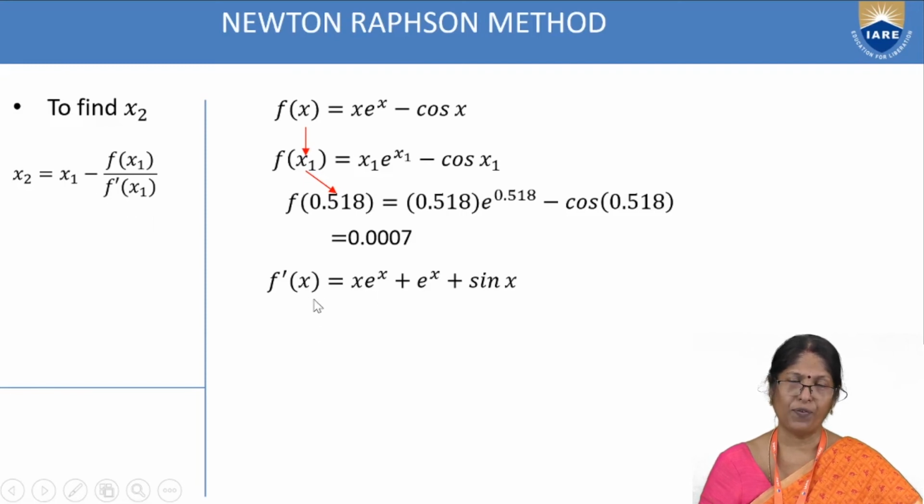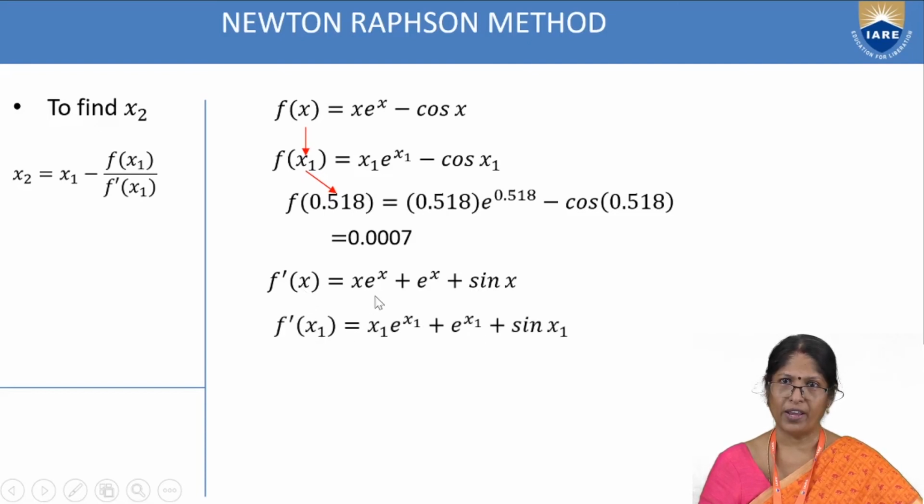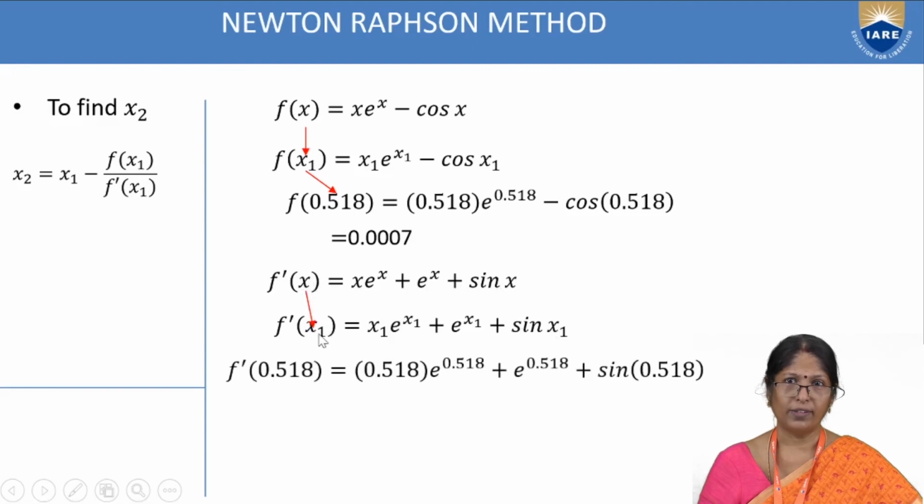Next, to substitute in the formula, it is required to find f dash of x1. Thus, f dash of x equal to x e power x plus e power x plus sin x. Now, we want f dash of x1. So wherever x is there, we substitute x1. Now, x1 is nothing but 0.518.